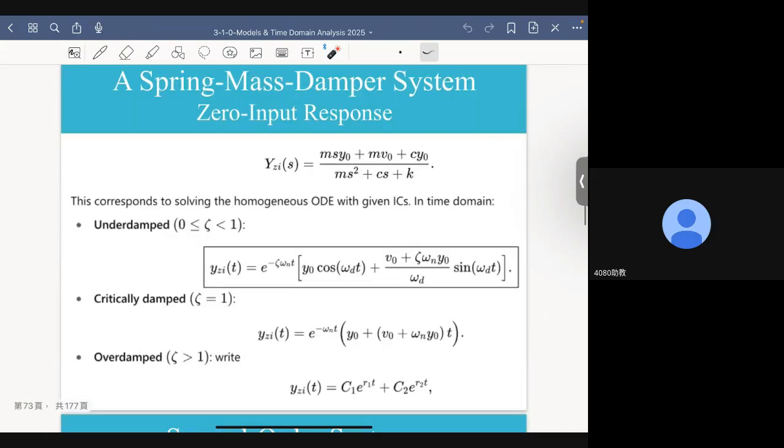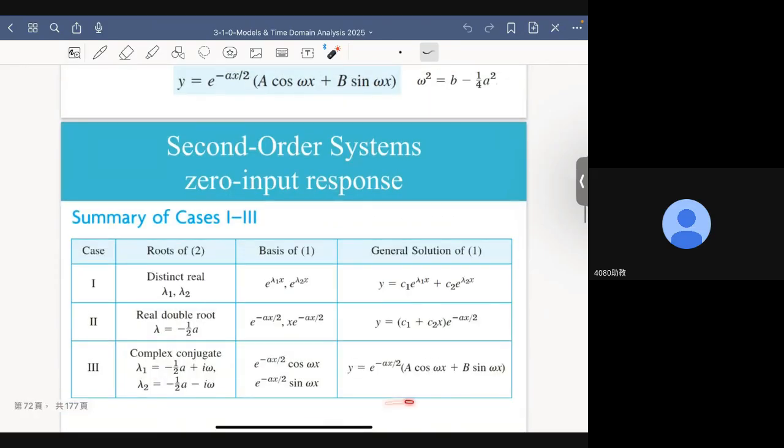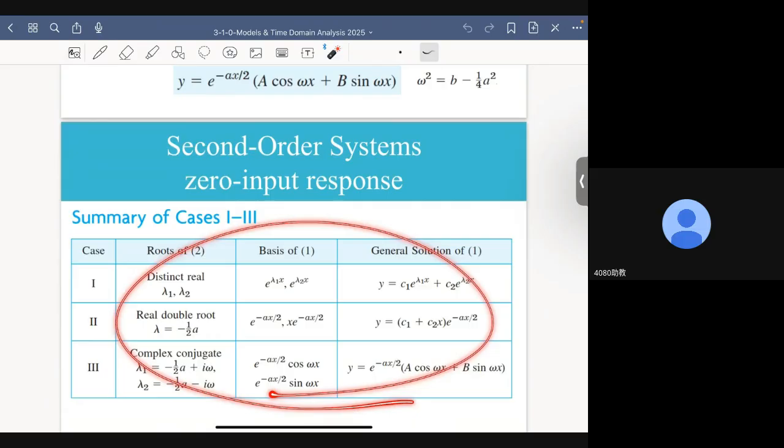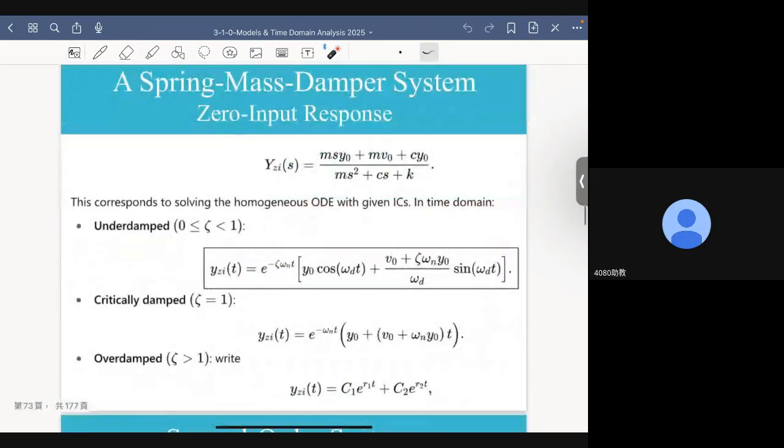All right. Now let me summarize the results here. Similarly, what we have in this table is that the zero input response for the spring mass damper system can be divided into 3 different categories: underdamped, critically damped, and overdamped.